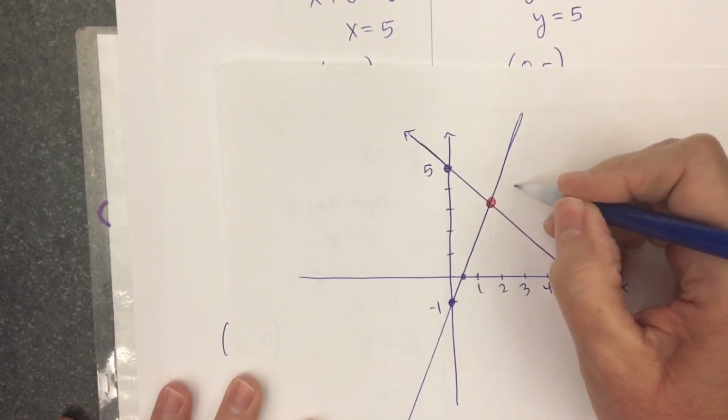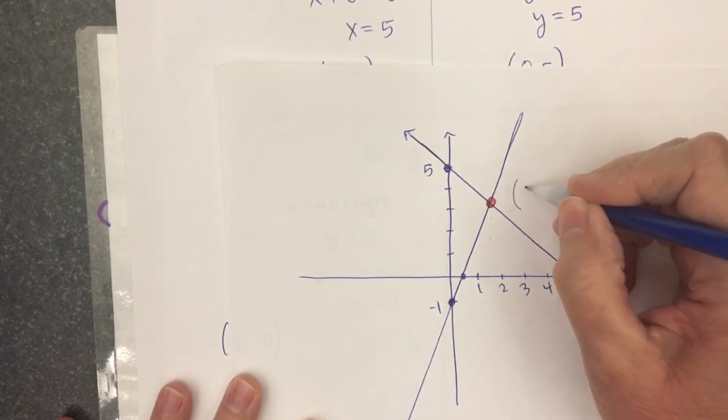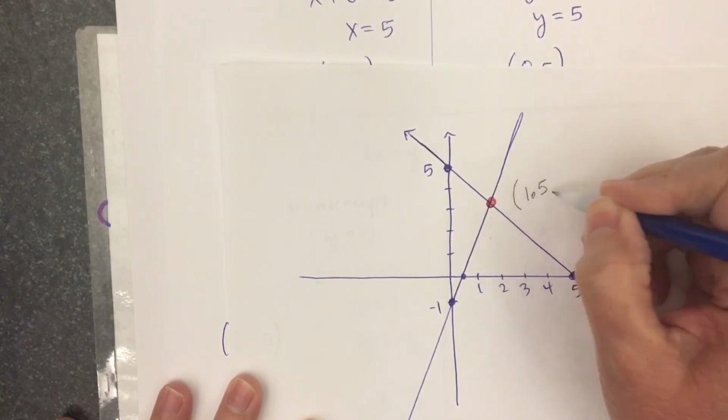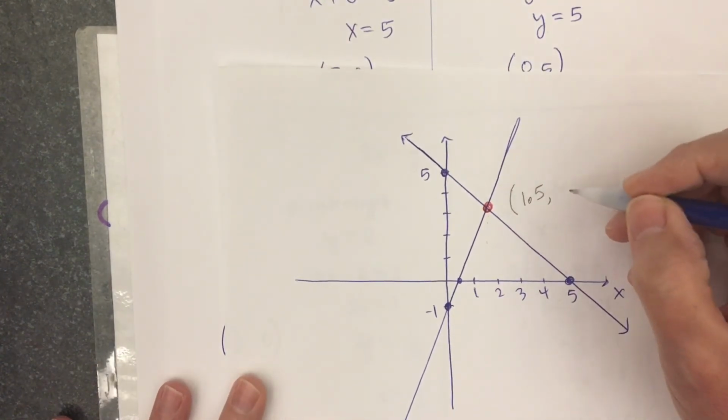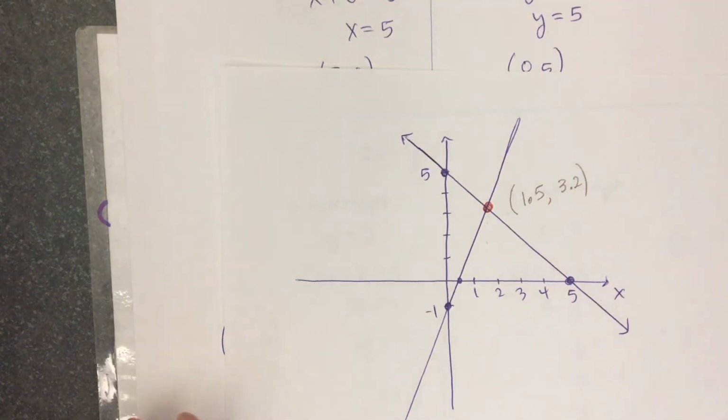it sort of looks like 1.5. I wrote it in pencil. That means I'm writing the wrong thing, by the way. It kind of looks like 1.5, 3.2. If that's my guess, I would want to check that and see if it's correct.